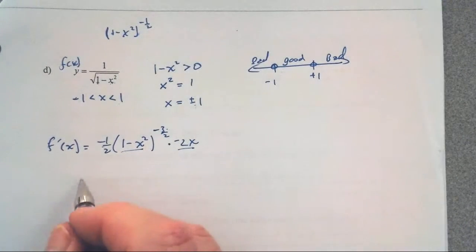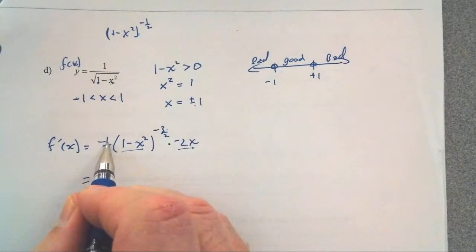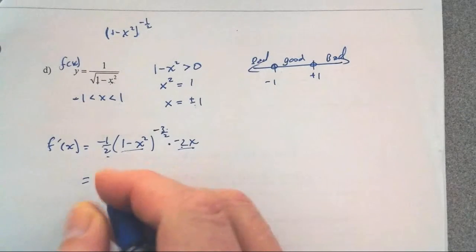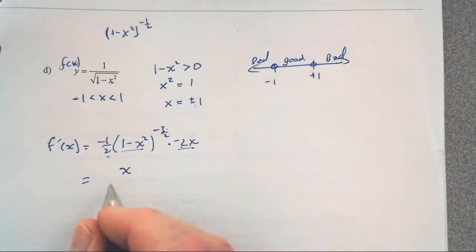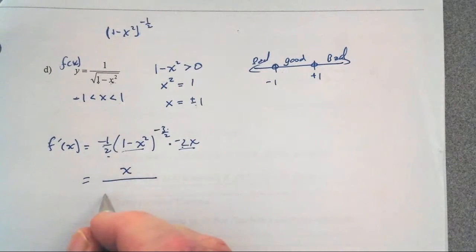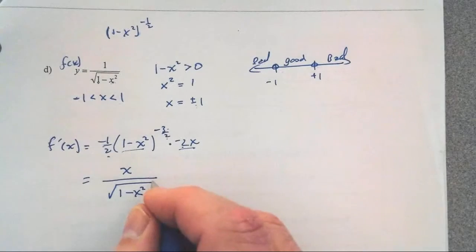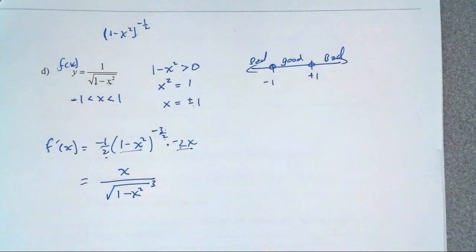So that becomes negative 1 half times negative 2x, and I get plain old x on the square root of 1 minus x squared to the third.